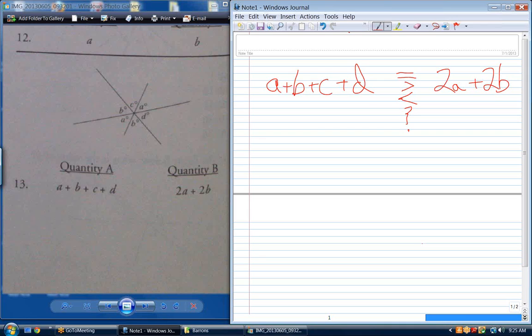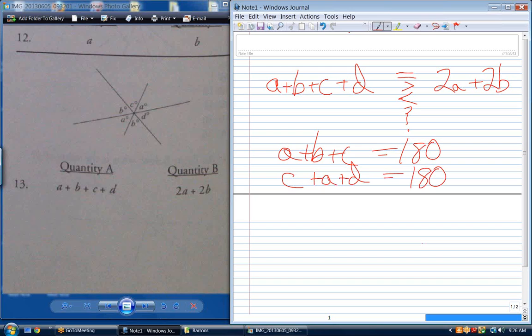So again, I'd say that A plus B plus C plus D would equal 180. Now, where are you getting that from? Because of the straight line. Well, A plus B plus C is equal to 180, but not A plus B plus C plus D. We can say C plus A plus D is equal to 180.